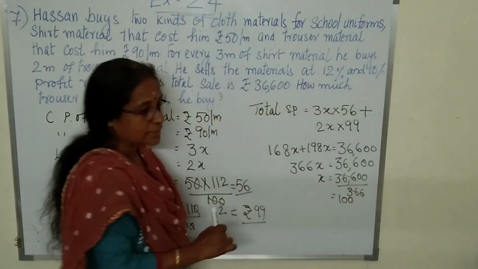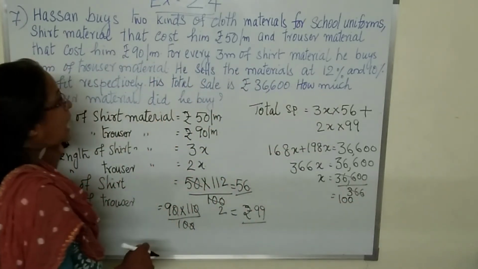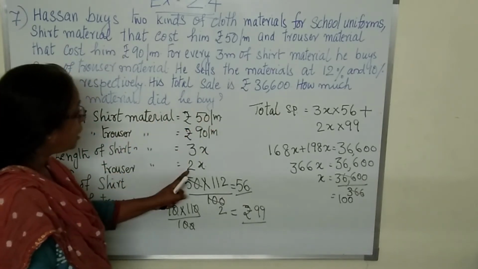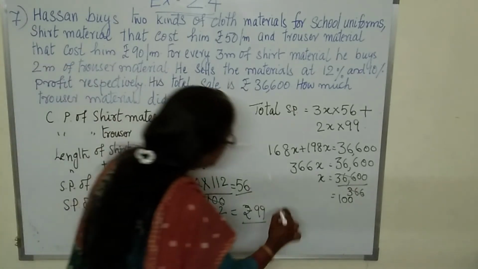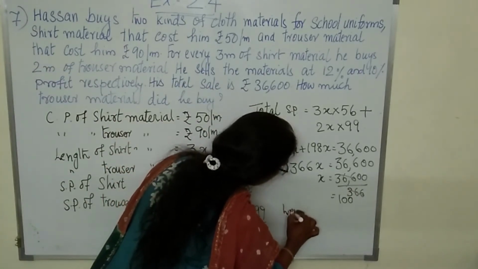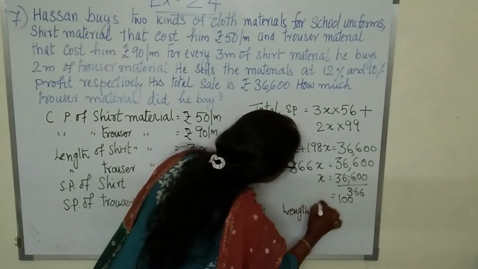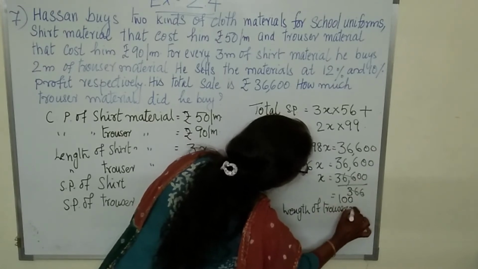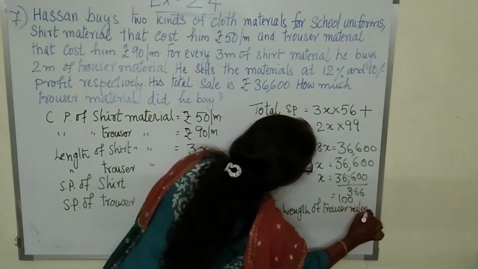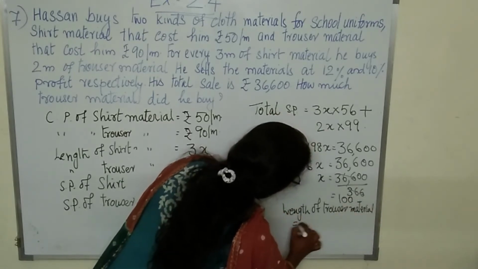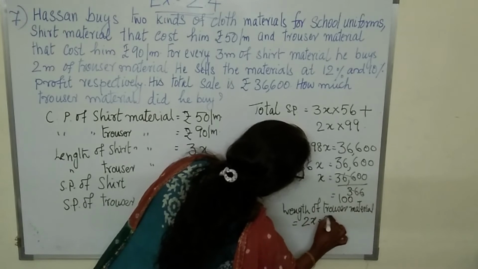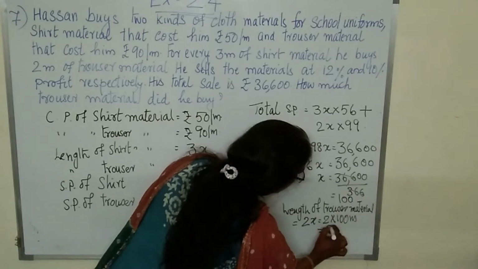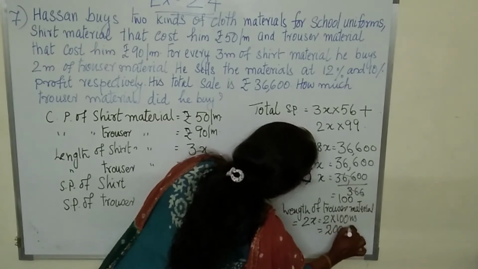This is the value of x. Now what is the question? How much trouser material did he buy? 2x, so the length of trouser material is 2 multiplied by 100 meters, which is equal to 200 meters.